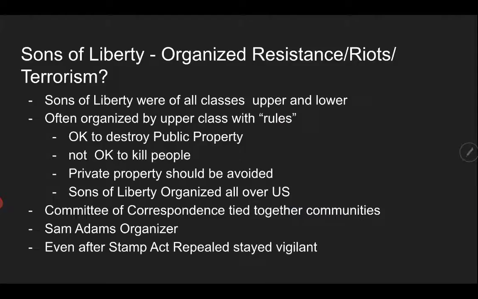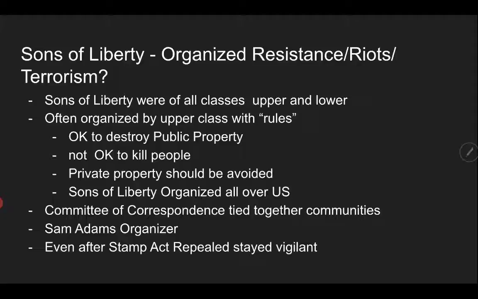And so the Sons of Liberty are known for more radical organized resistance. These are riots. Some people would maybe even call it terrorism, where they start to attack property. One of their rules was it's okay to destroy public property. It's not okay to kill people.